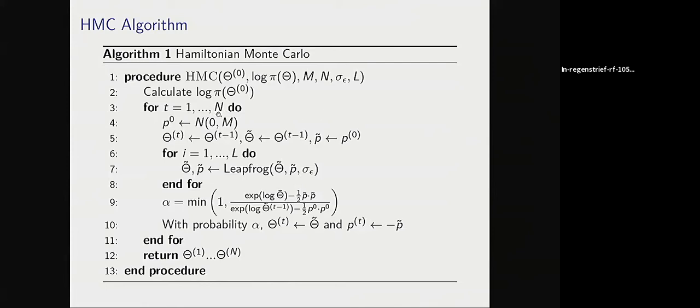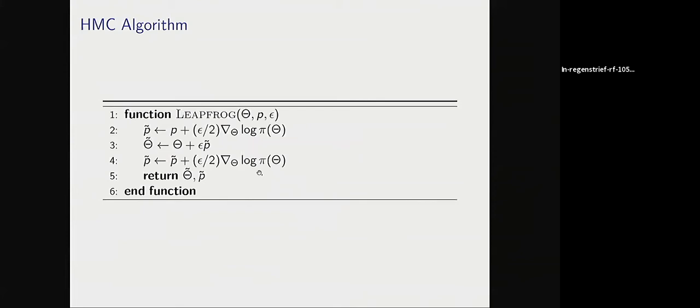We have to specify n, the number of samples that we need to take in the Monte Carlo simulation, and there's an outer for loop that governs how many simulations of theta we want to pick to simulate our posterior. And then in the middle here is the innovation of Hamiltonian Monte Carlo. There's an inner loop called the leapfrog loop with a tuning parameter called L, the number of leapfrog steps. And the leapfrog function is shown here.